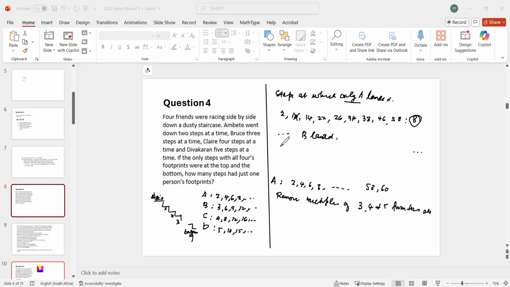Okay, again, you take all the multiples of 3. 3, 6, 9, 12, 15, 18, 21, 24, 27, 30, all the way up to 57, 60.